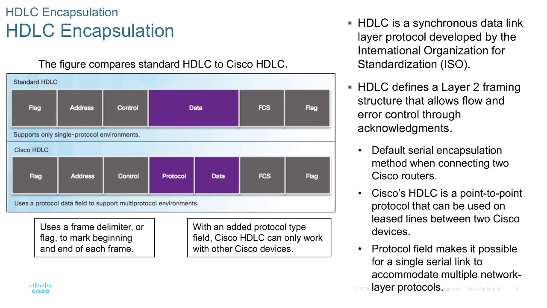So let's briefly look at HDLC encapsulation. HDLC encapsulation is an international standard, an ISO standard. So it was developed as an ISO standard. But then there is also a Cisco variant of HDLC, which can only work with Cisco devices.